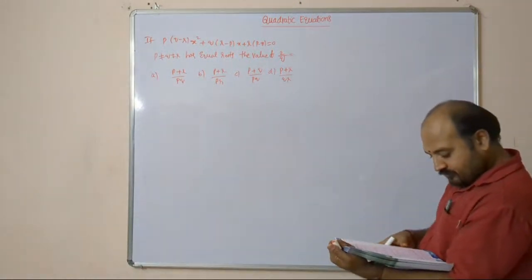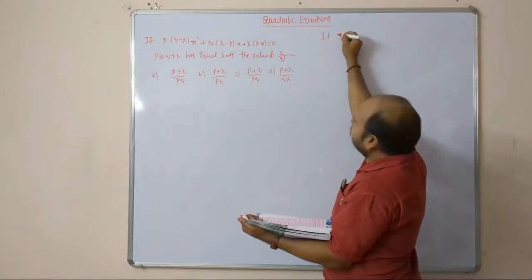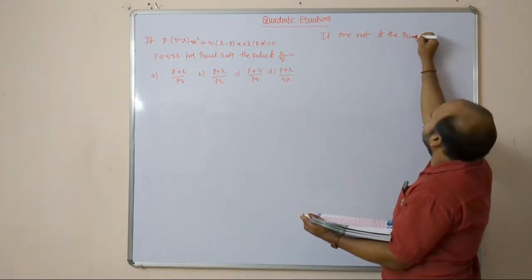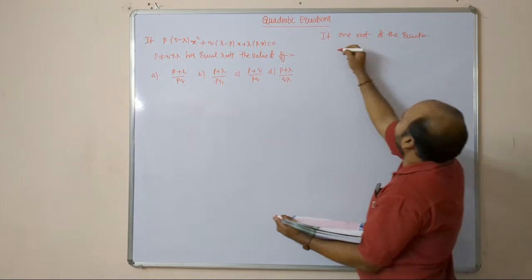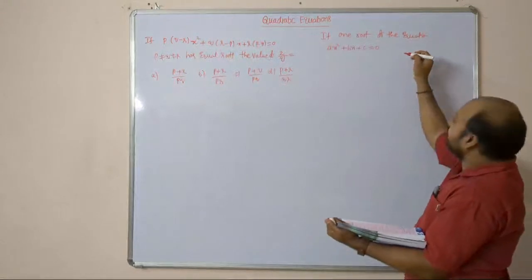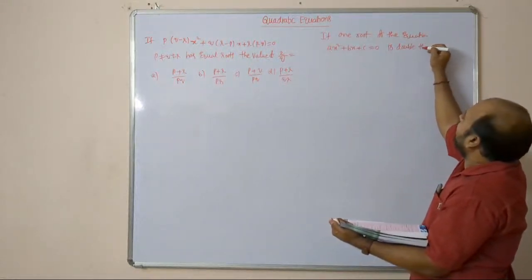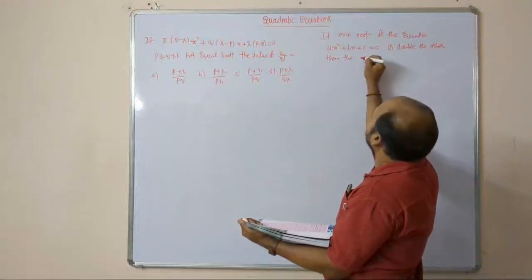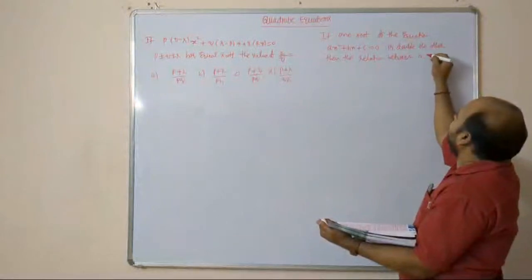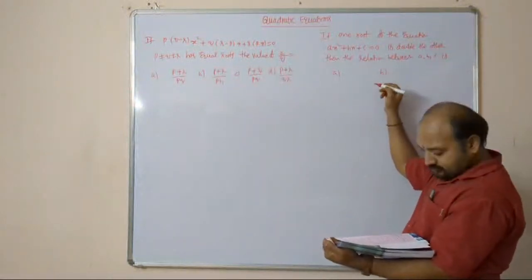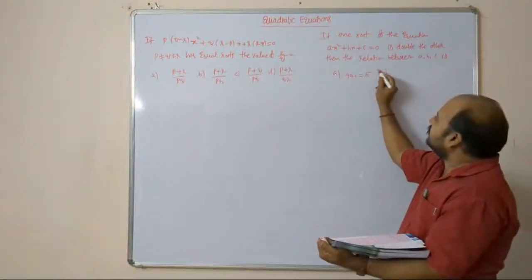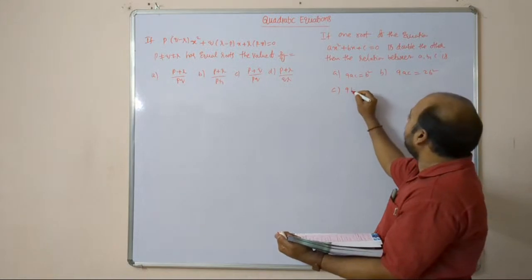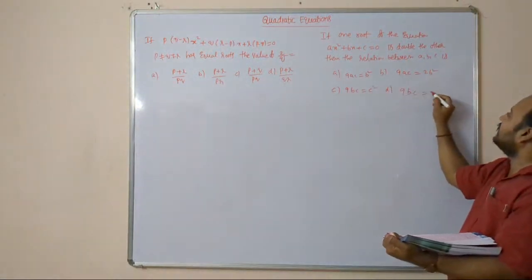That is one question. If one root of the equation ax square plus bx plus c equal to 0 is double the other, then the relation between a, b, c is: first option 9ac equal to b square, second option 9ac equal to 2b square, third 9bc is equal to c square, fourth 9bc is equal to 2c square.